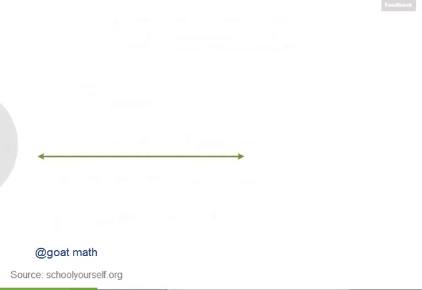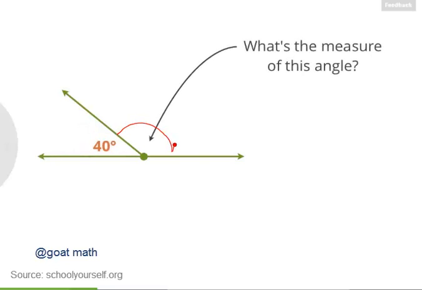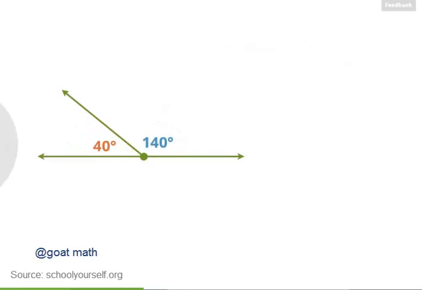Next, let's draw in a straight line, which has an angle of 180 degrees. And let's draw in another ray, and suppose this angle over here measures 40 degrees. What's the measure of this angle over here? Right, this angle is 180 degrees minus 40 degrees, or 140 degrees.